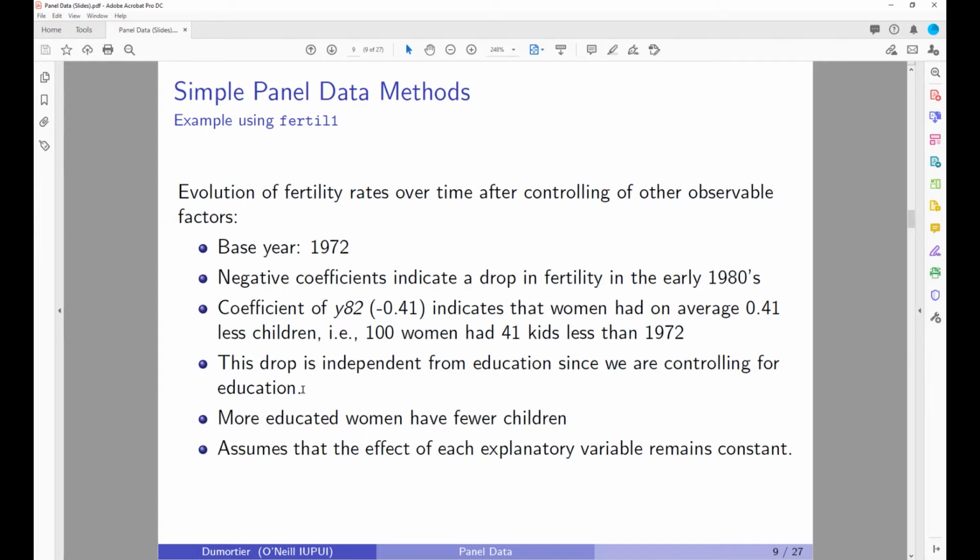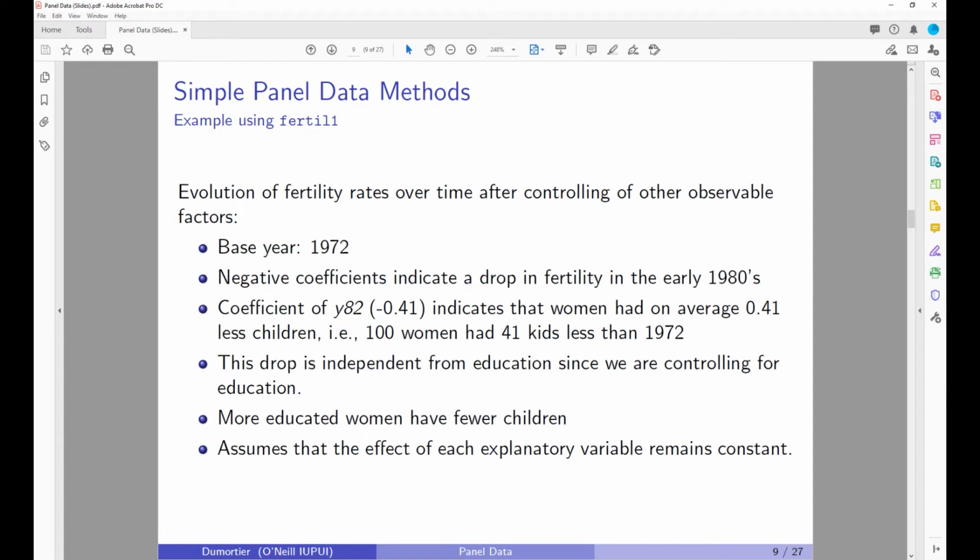Okay? So the coefficient associated with the fertility rate, or with our model in 1982, which is negative, indicates that a woman on average had 0.41 less children compared to 1972. Okay? And again, the drop is independent from education, since we are controlling for education, which is explicitly in our model.